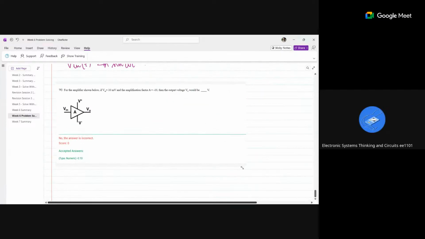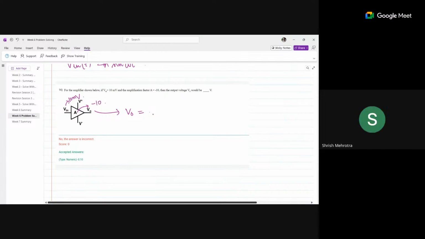For the amplifier shown below, Vin is given as 10 millivolts, amplification is given as minus 10, and we have to find V out. What is V out? Ma'am, minus 100 millivolt. Yes, it will be minus 100 millivolt. In the question they have asked in volts, so it will be minus 0.1 volts.